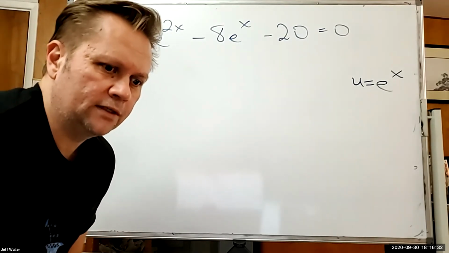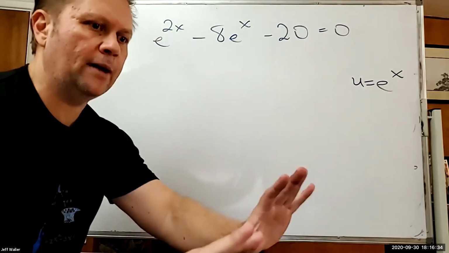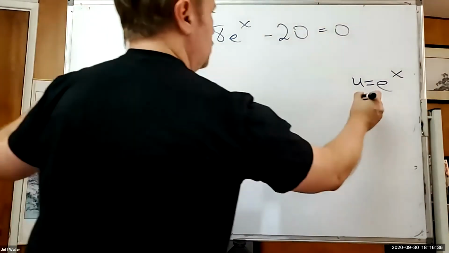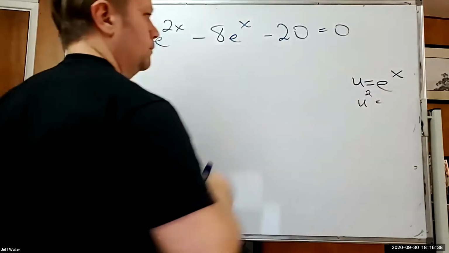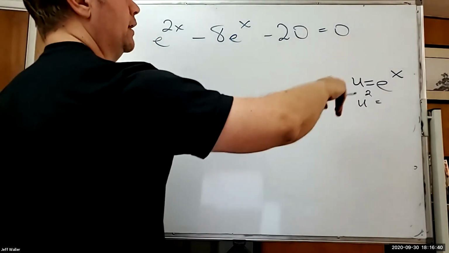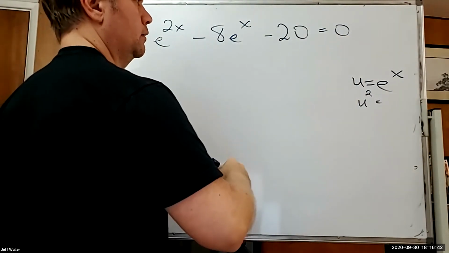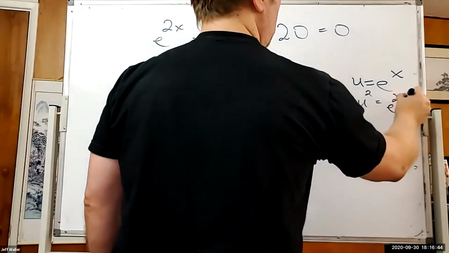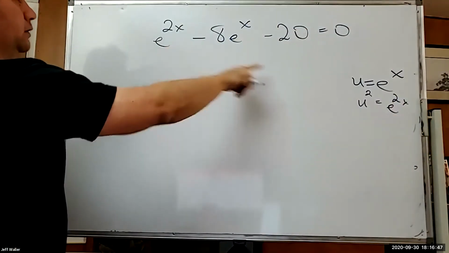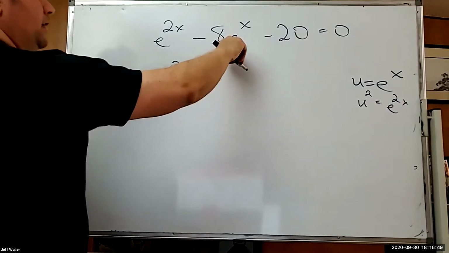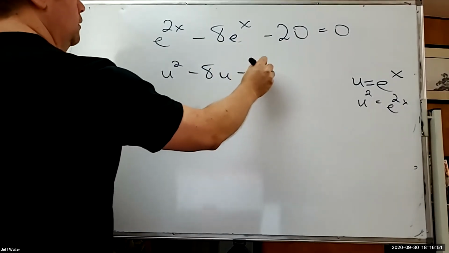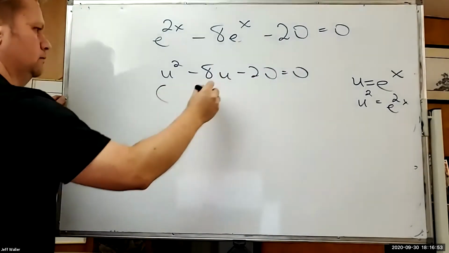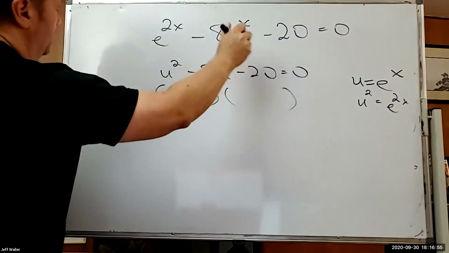I don't know if anybody's ever seen the substitution method. So watch what happens when I do that. If I say u is e to the x, what's u squared? E to the power of 2x. So what does this look like now? E to the 2x is u squared. E to the x is u. Can you factor that now? To be honest, you could have factored it here, but it looks a little weird.